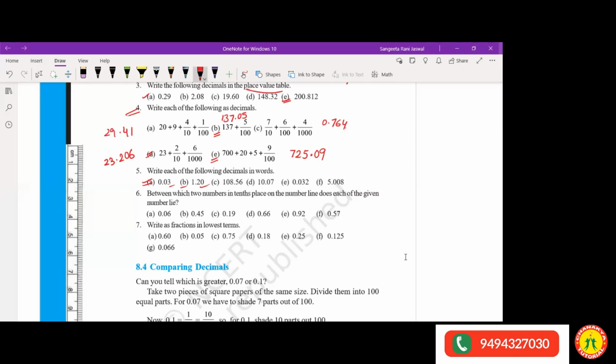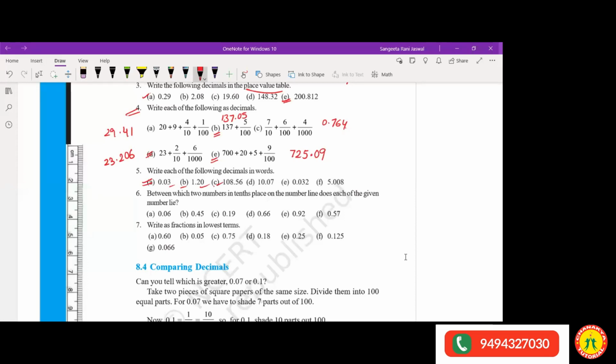Okay, next is, who is next? Rishit, you tell me for the next one. Yes, ma'am. 1 in hundreds place, and 1 in tens place, and 8 in ones place. Good. 5 in tenths place, and 6 in hundredths place. Very nice. Okay.